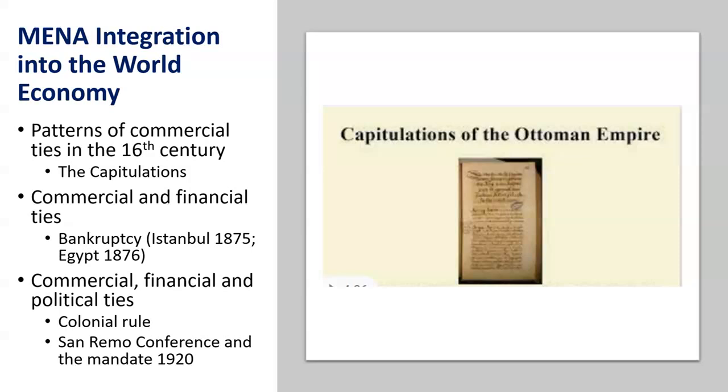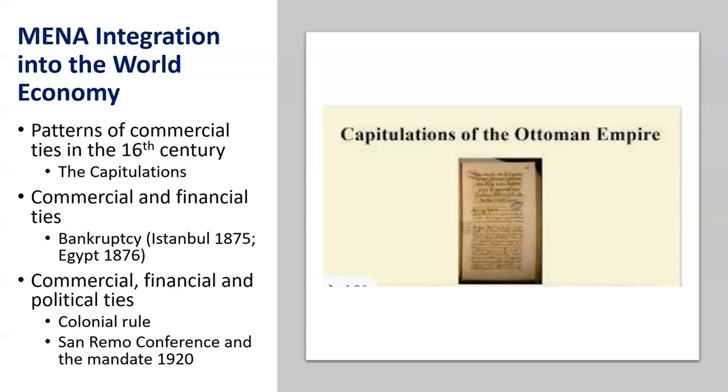With the exception of silk and cotton exports in the Levant, the whole region had been dependent on imports from Europe, and few exports came out of the region to Europe. So it was a kind of dependent commercial tie between parts of the Ottoman Empire and the European countries.